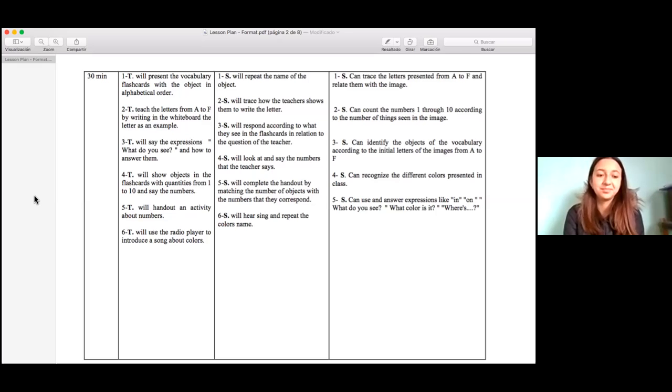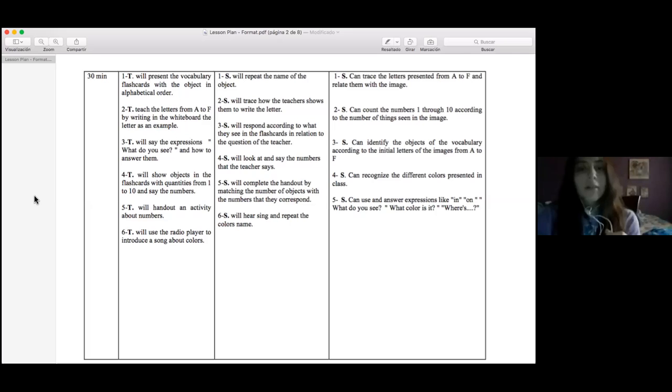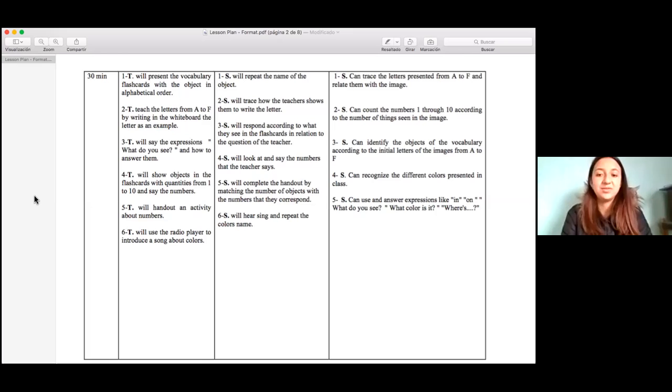The fifth activity is that the teacher will hand out an activity about numbers. The next activity is that students will complete a handout by matching the number of objects with the numbers that correspond. The success indicator number 5 is students can use and answer expressions like in, on, what do you see, what color is it, and where's.